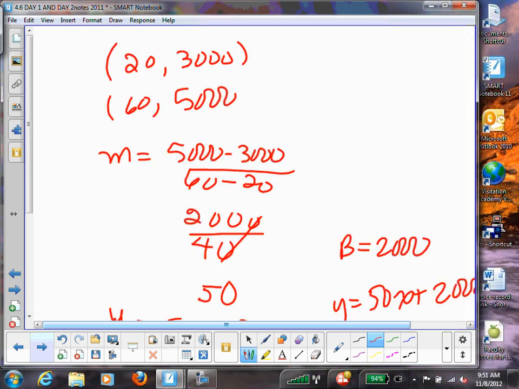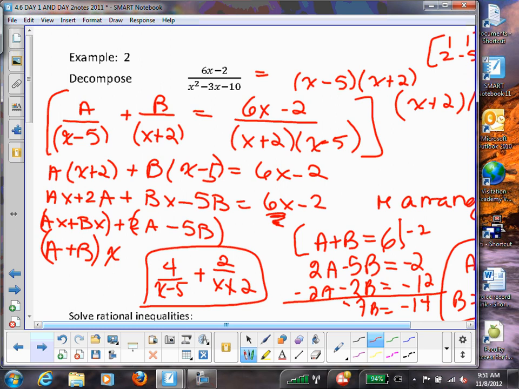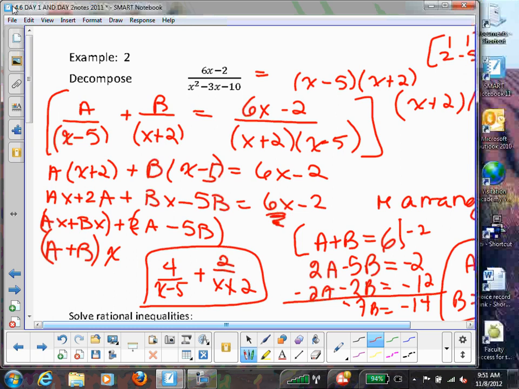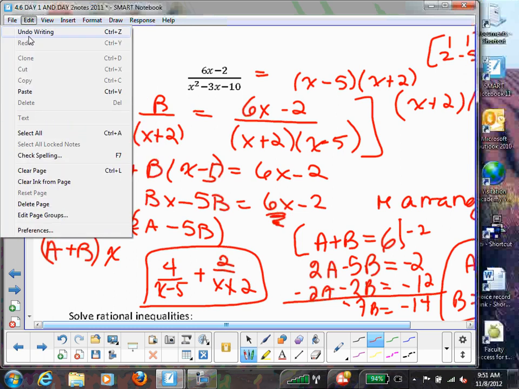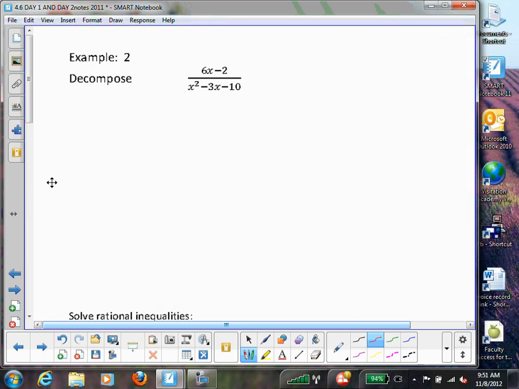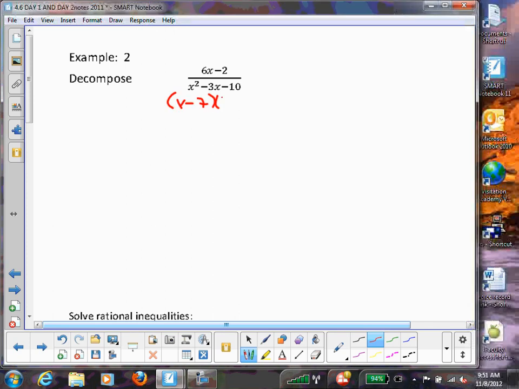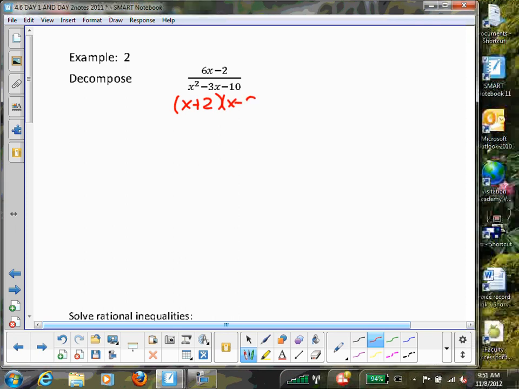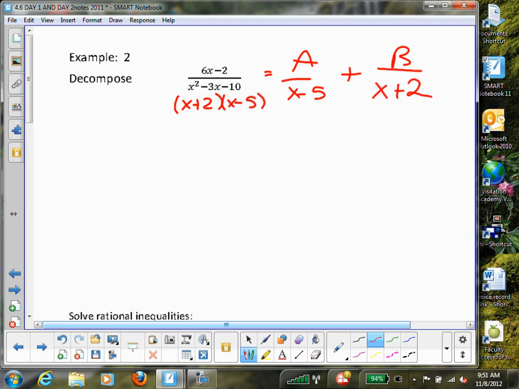Where is it? Is that it? Let me clear it up. Okay, so the first thing we want to do is factor. So this is x minus 7 and x plus, no, that's not. x minus 5 and, so that's A over x minus 5 and B over x plus 2.